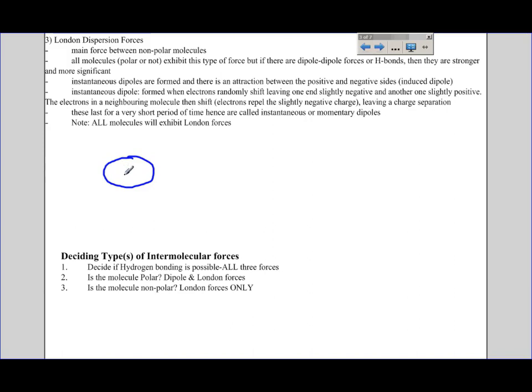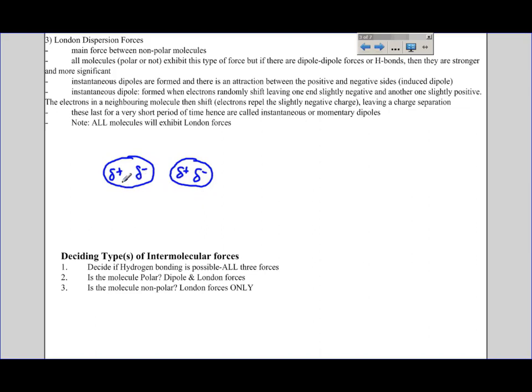And it's possible that for a moment in time, enough electrons will gather in one area to leave one part of the molecule slightly negative. That will leave another part of the molecule slightly positive. The effect on a neighboring molecule is that the electrons in this molecule will repel these electrons, and so we'll end up with a similar charge separation where we've got a slightly positive and a slightly negative end of the molecule.